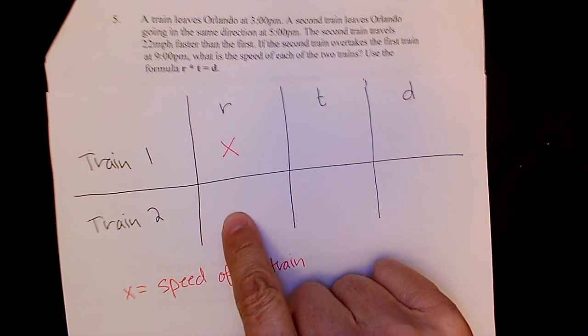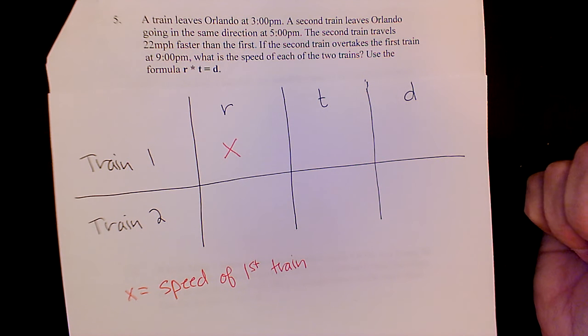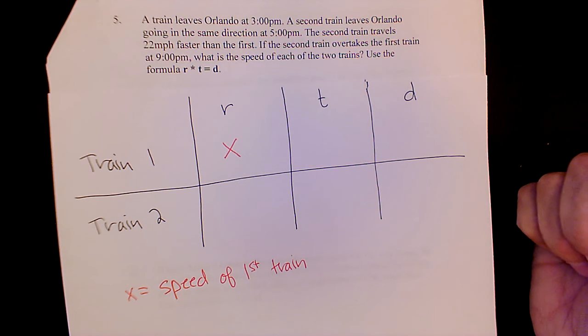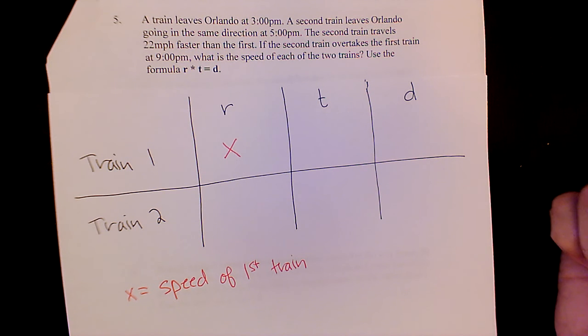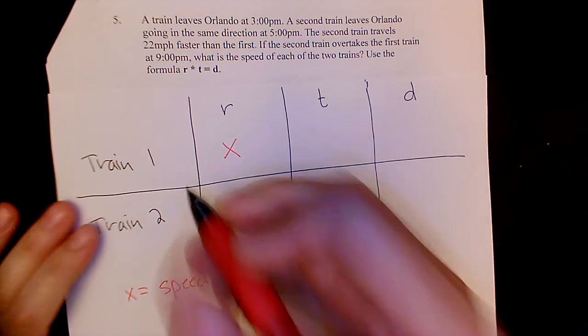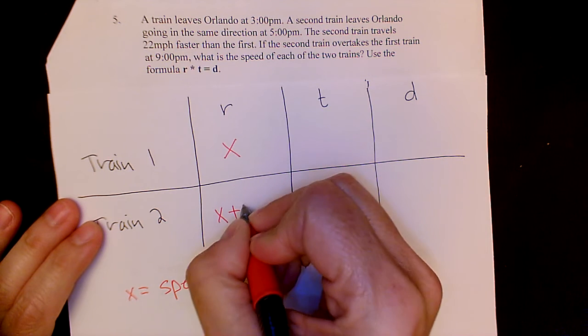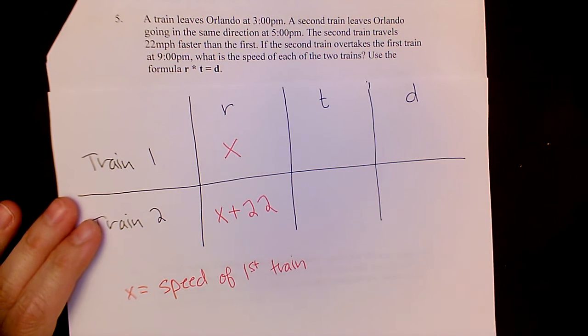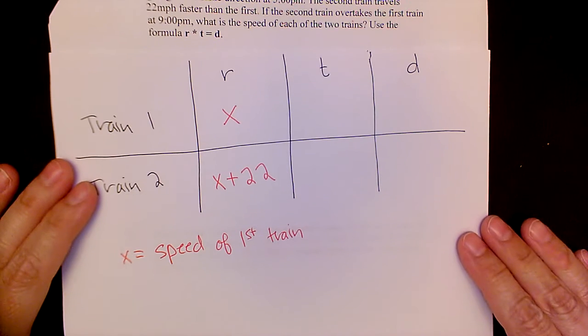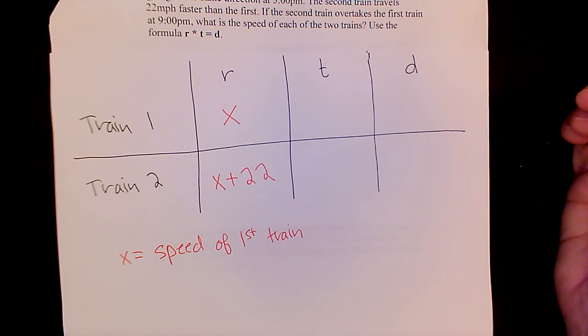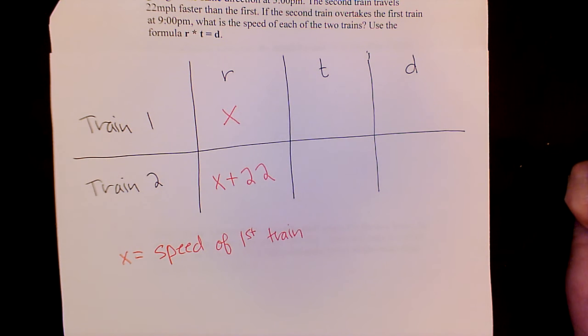How would I write that in math with the x and the 22? If it's 22 miles an hour more than, I could write x plus 22. Okay, so that's my rate column filled in.